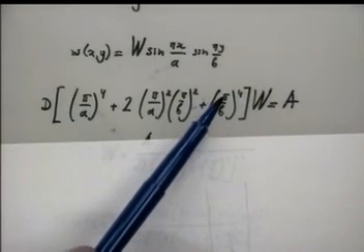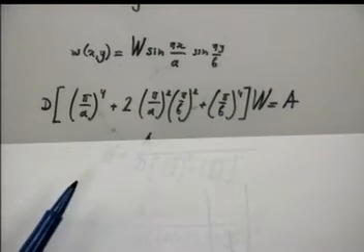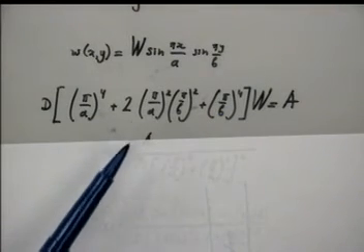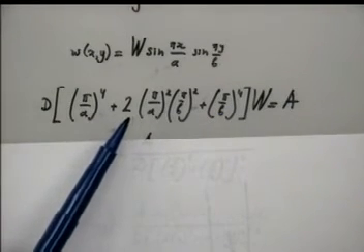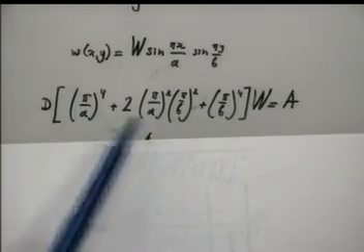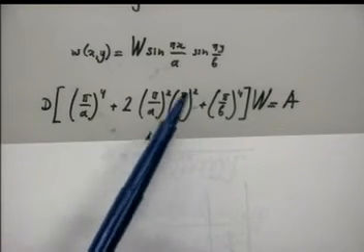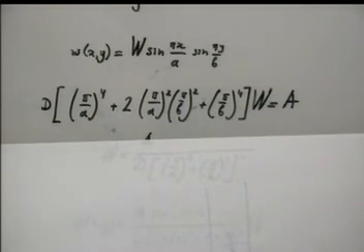Fourth derivative with respect to y gives us pi over b in fourth power. Now, second derivative with respect to x gives us minus pi over a squared. Second derivative with respect to y gives us minus pi over b squared, but minus times minus gives us plus.